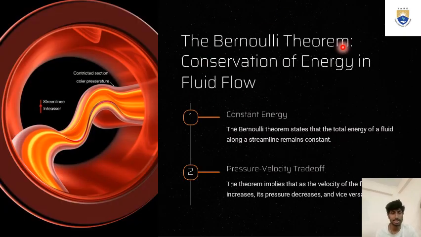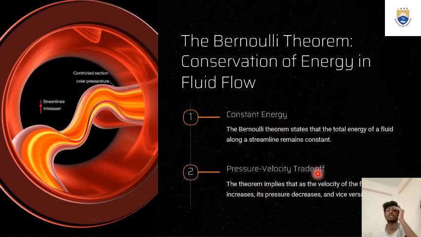Now, Bernoulli's theorem: conservation of energy in fluid flow. We've talked about how in streamlined flow, energy is always constant. Bernoulli's theorem states that the total energy of a fluid along a streamline remains constant. Hence, as we discussed in the previous slide, conservation of energy plays a big part in this theorem.